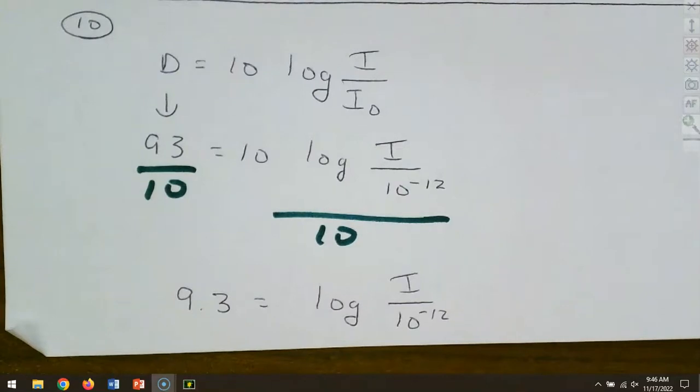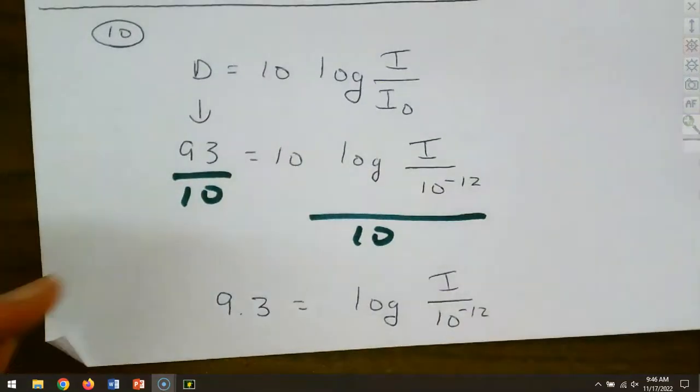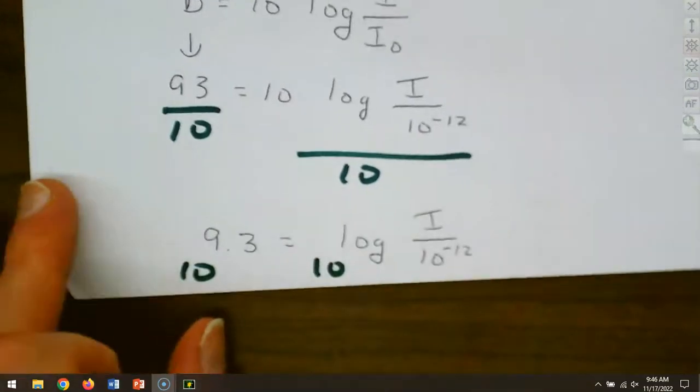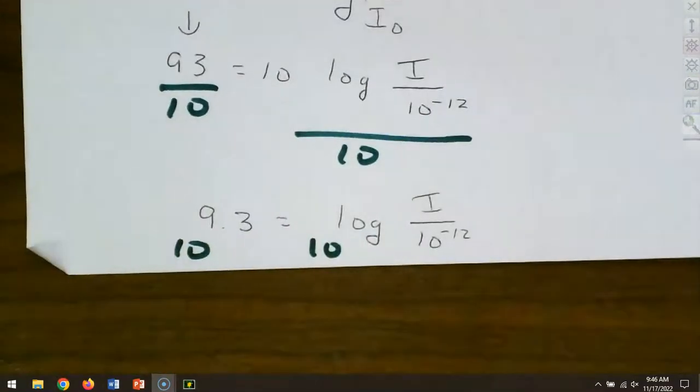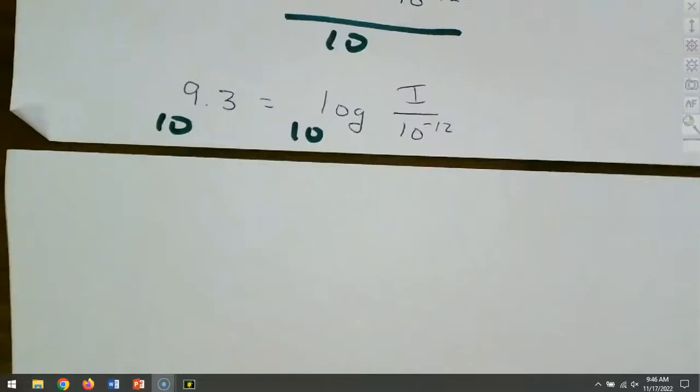Now, what do we need to do? Well, we need to remember how to get rid of a logarithm. Whatever logarithm base we're looking at, we use a power to get rid of it. So this is log base 10, and in order to get rid of a log base 10, we use a 10 power. If it had been log base 2, we would use the second power.